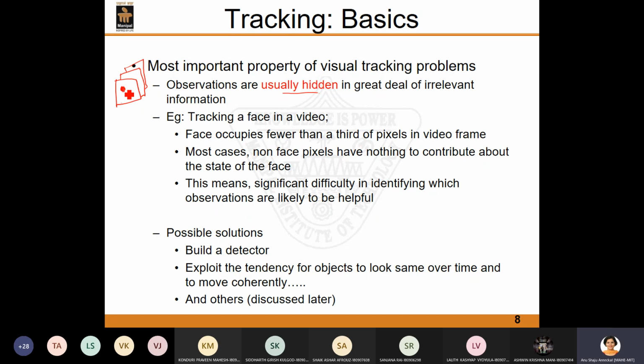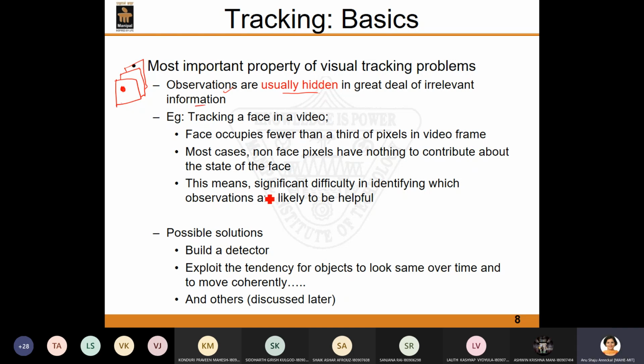If you look at how much of the region the object is actually occupying, that is very little. So if you're trying to make measurements, there is a lot more in the image which does not contribute to the observations regarding the state of the object that we are looking for. So it is usually hidden in a great deal of irrelevant information.